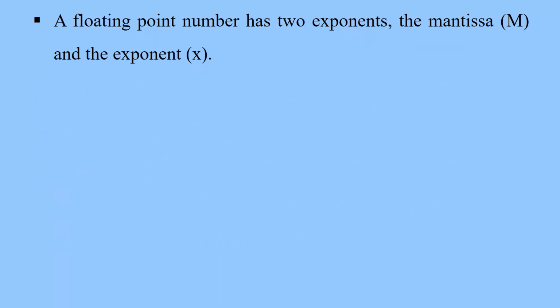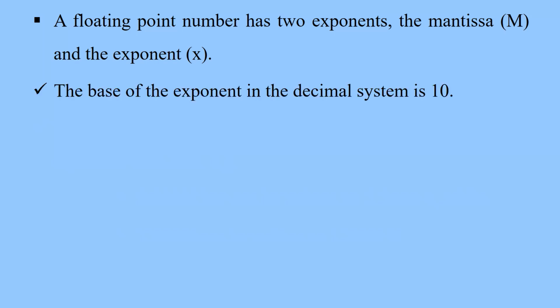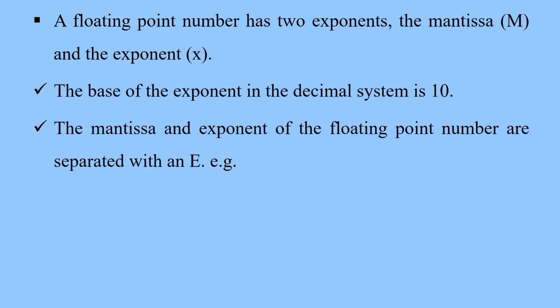A floating point number is a number that has a decimal fraction. It refers mostly to the fractional part, or a number that contains what we call the mantissa and the exponent. The base of the exponent in the decimal system is 10. The mantissa and exponent of the floating point number are separated with an e.